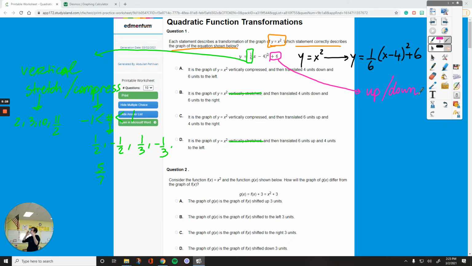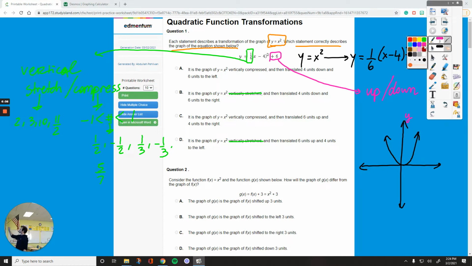Think about the coordinate plane and the y-axis. When you add a number in the end, like positive 6, you are changing the whole thing. Your y is equal to x squared, and if you do this, you're increasing the y value by 6. The graph of x squared originally passes through the center, a curve like this.